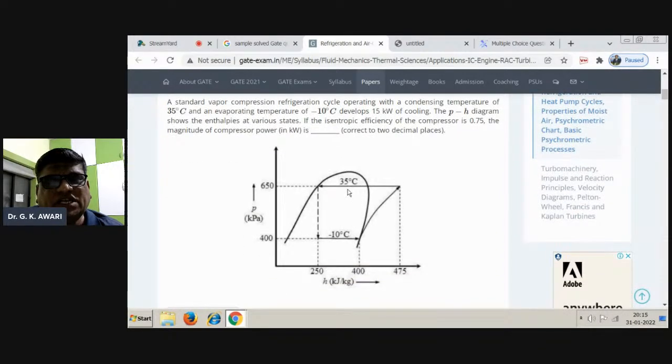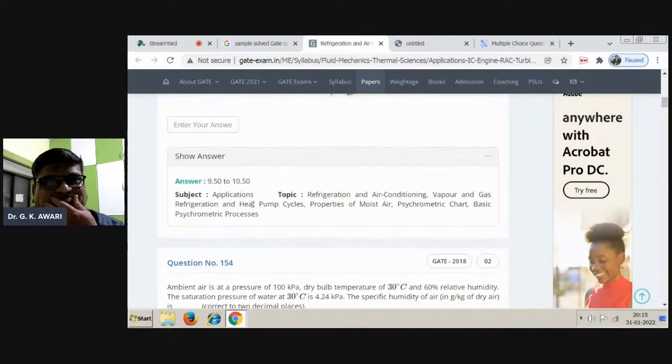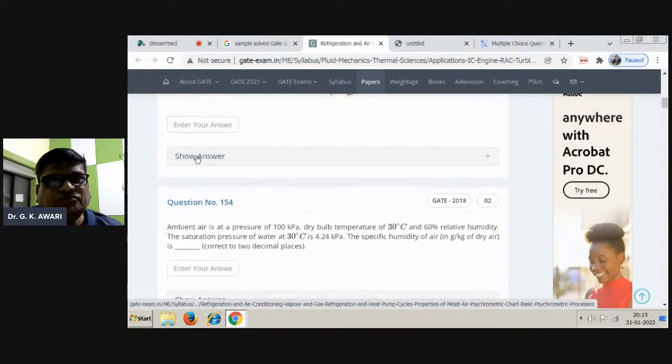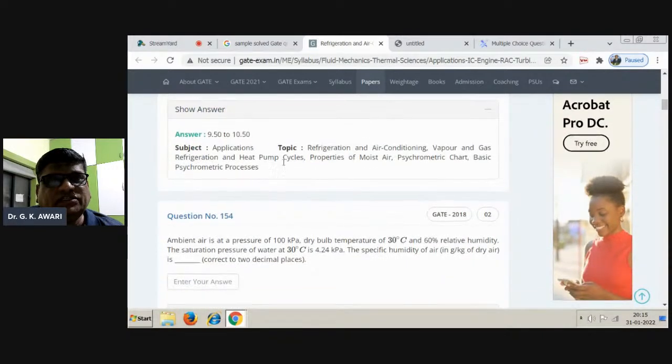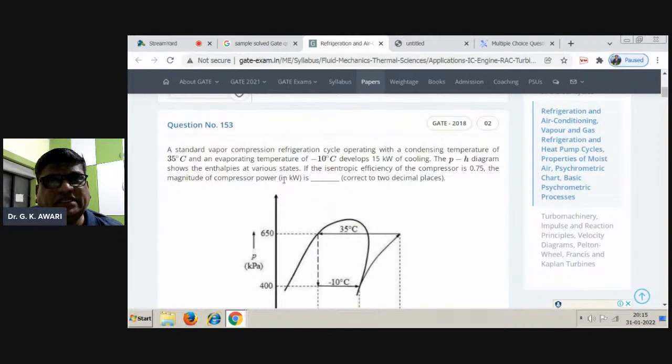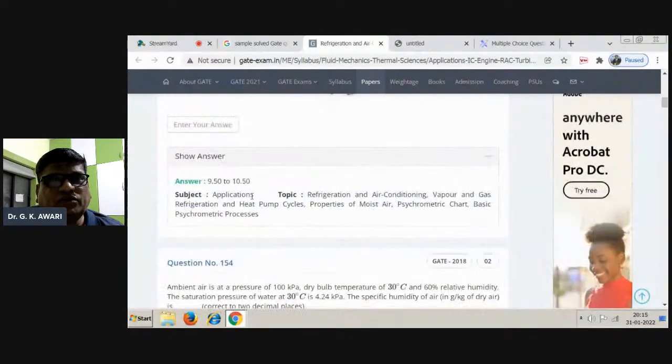Here high pressure, high temperature, like 35 degree centigrade. So what we need to do is calculate the magnitude of compressor power. It comes out to be 9.5 to 10.5. So it is from the refrigeration topic.